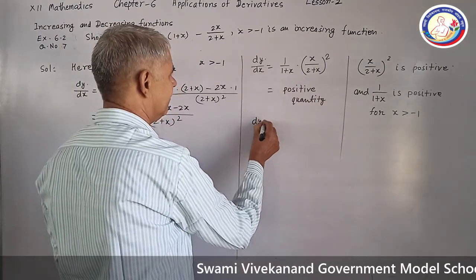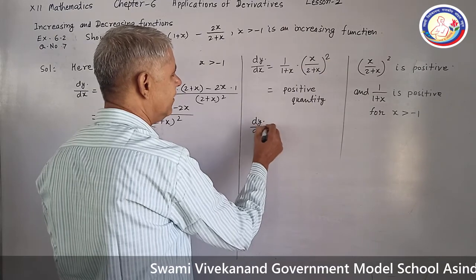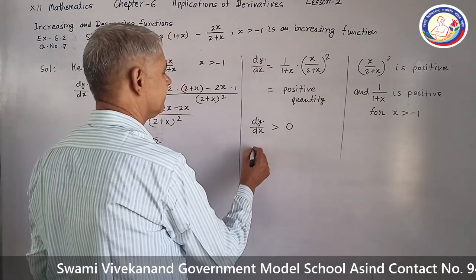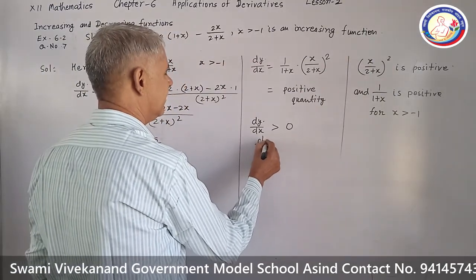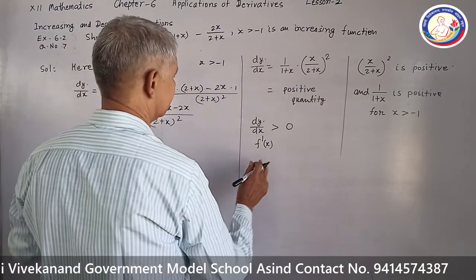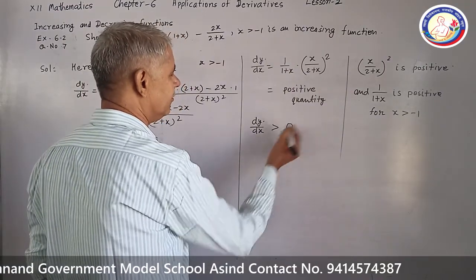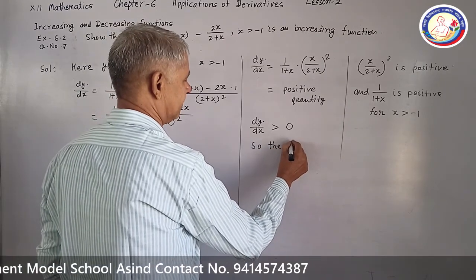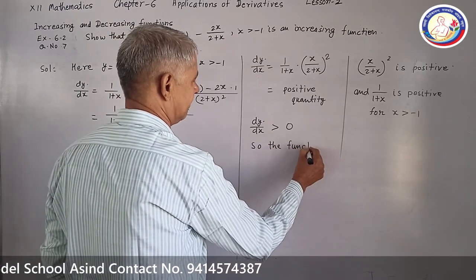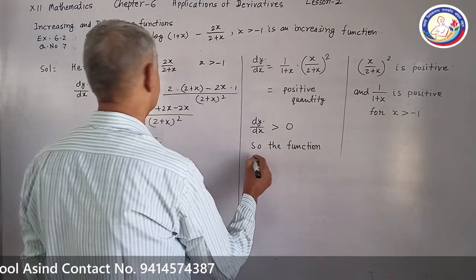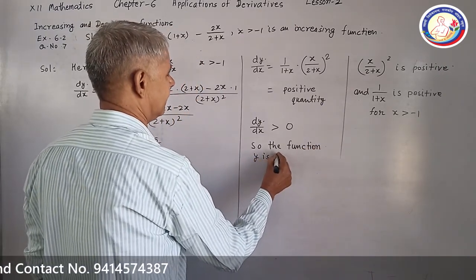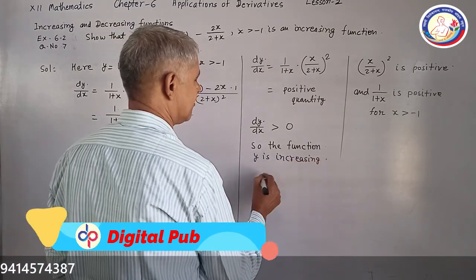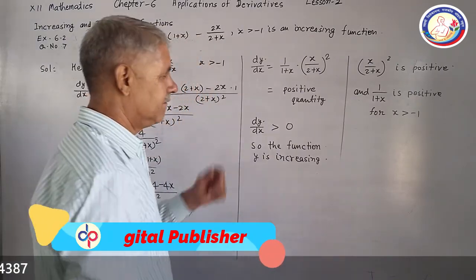So the derivative of y with respect to x is always greater than 0. Hence, the function, or f(x) if we call it f(x), the derivative is greater than 0. So the function y is increasing. This is the answer.